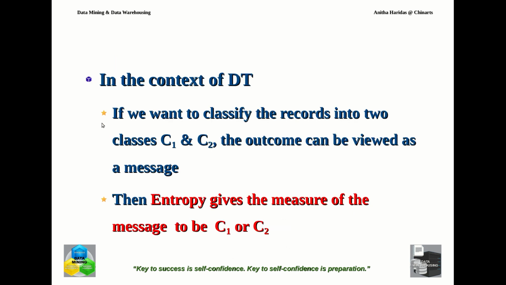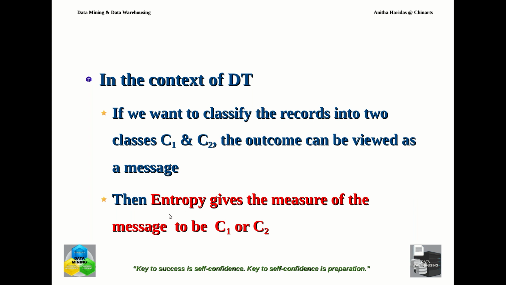I repeat, in the context of decision tree, if we want to classify a set of records into two classes, C1 and C2, so for the given set of records, there are only two classes, C1 and C2. Then the outcome can be viewed as a message or as information. Then the entropy gives the measure of this information to be C1 or C2, whether the message can be classified as C1 or C2, because we have only two classes here.